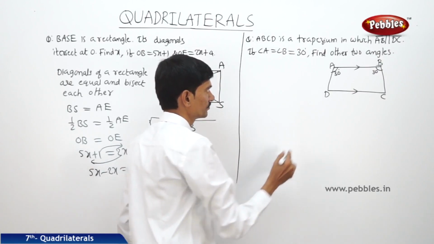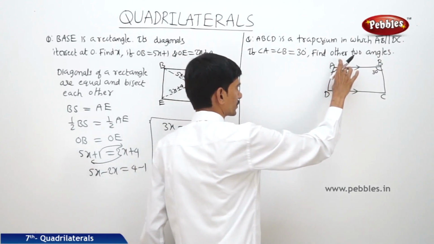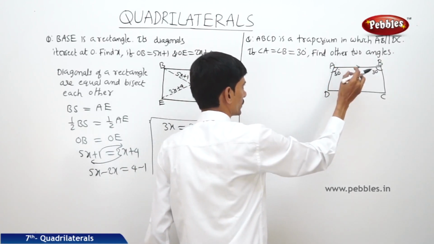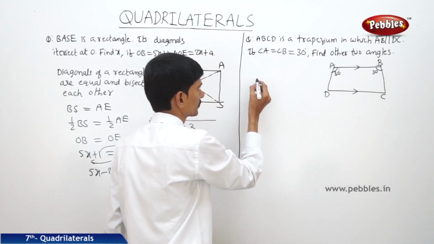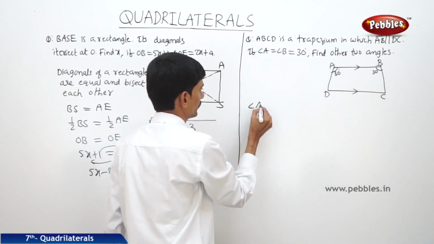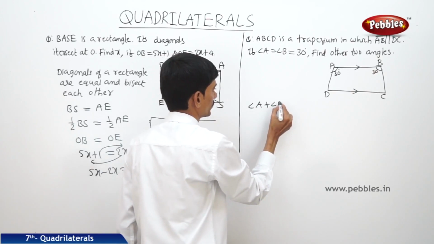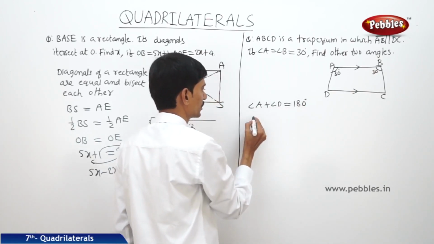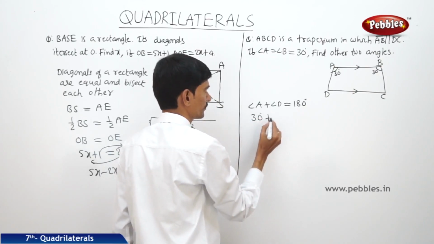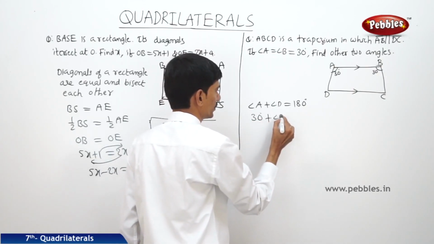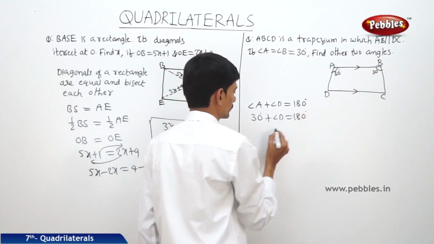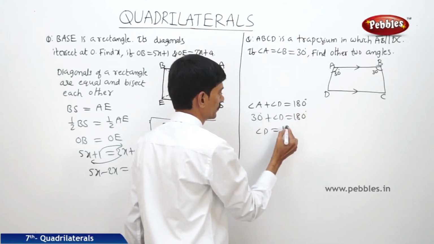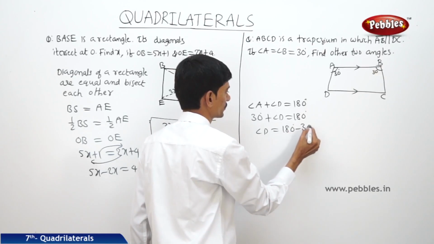So in a trapezium, the co-interior angles are supplementary. So angle A plus angle D equals 180 degrees. Angle A is 30 degrees plus angle D equals 180 degrees.